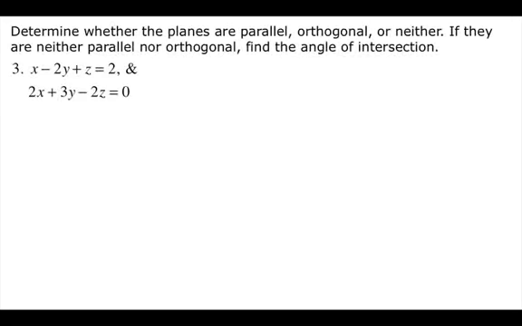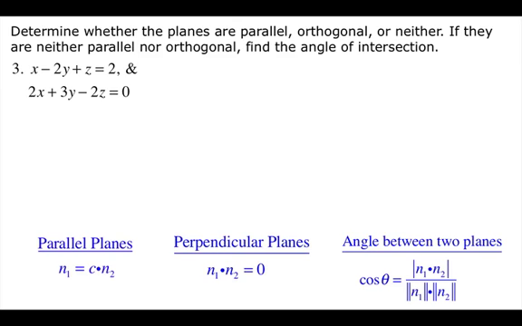So this is determine whether the planes are parallel, orthogonal, or neither. If they are neither parallel nor orthogonal, find the angle of intersection. So first, these are the formulas that I'm going to be looking at. So they're parallel if we have this, perpendicular if they have this, and if there are none of these, I can find the angle by using this formula.